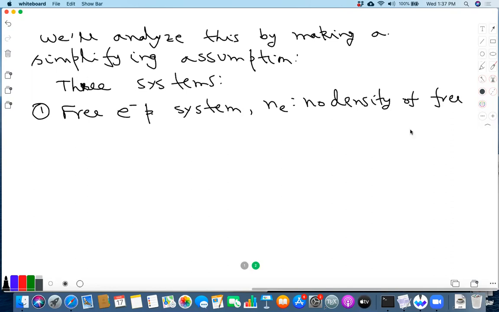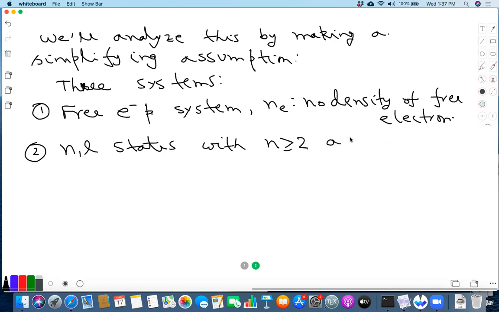This is the same as what we introduced in the last slide. Then we have the NL states with n larger than or equal to 2.